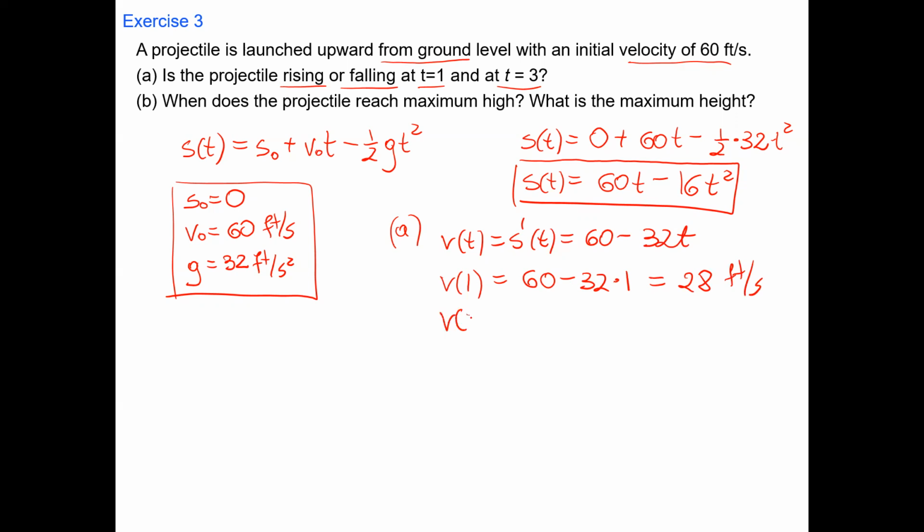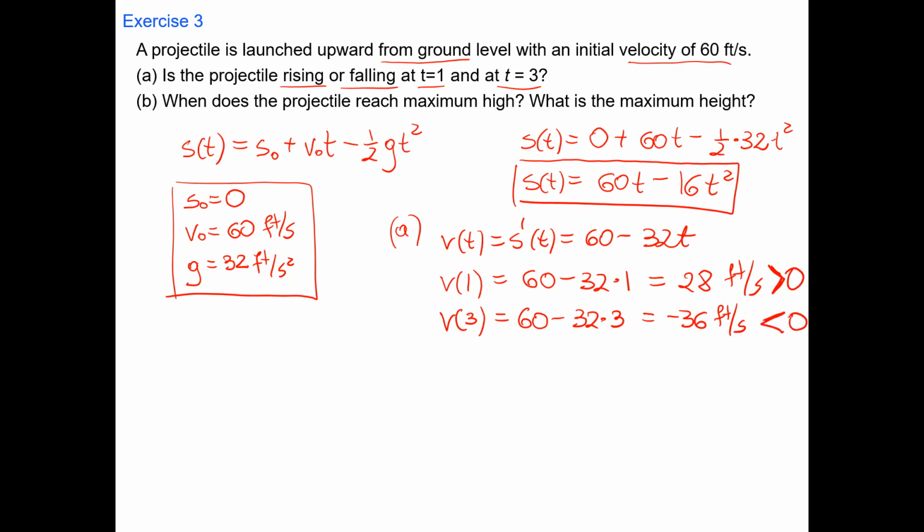And let's substitute 3. 60 minus 32 times 3. It will be 60 minus 96, negative 36 feet per second. This one is positive, this one is negative.